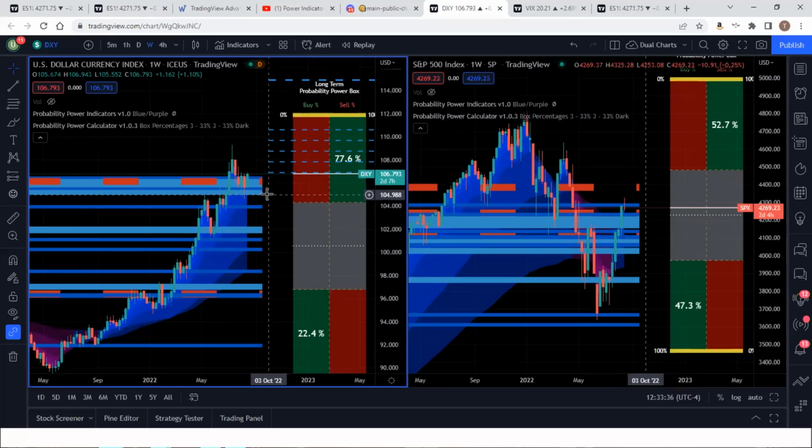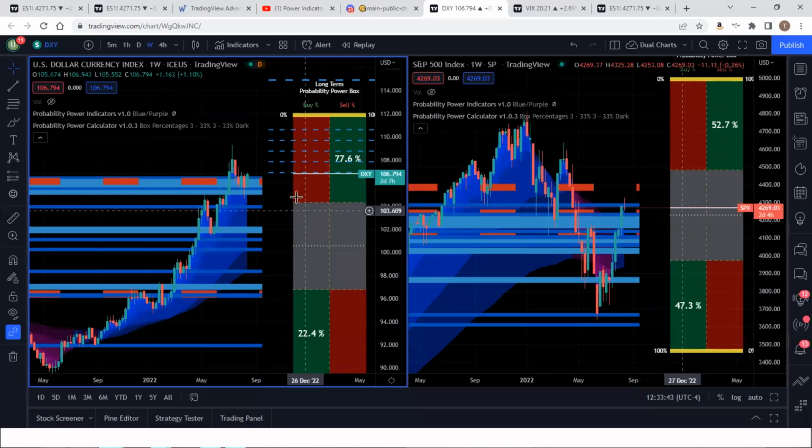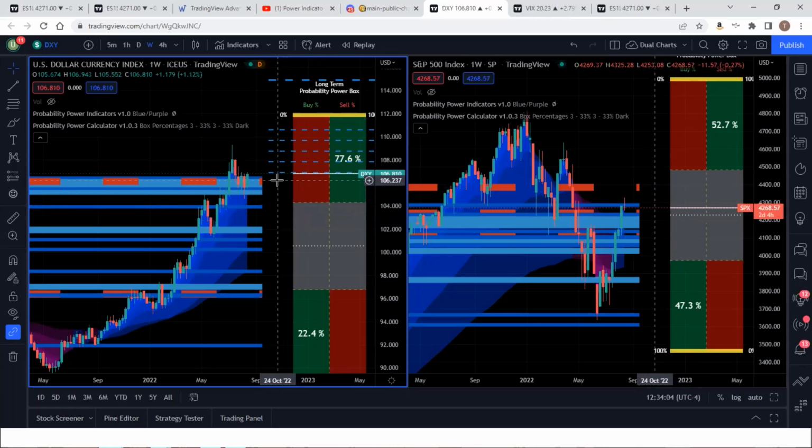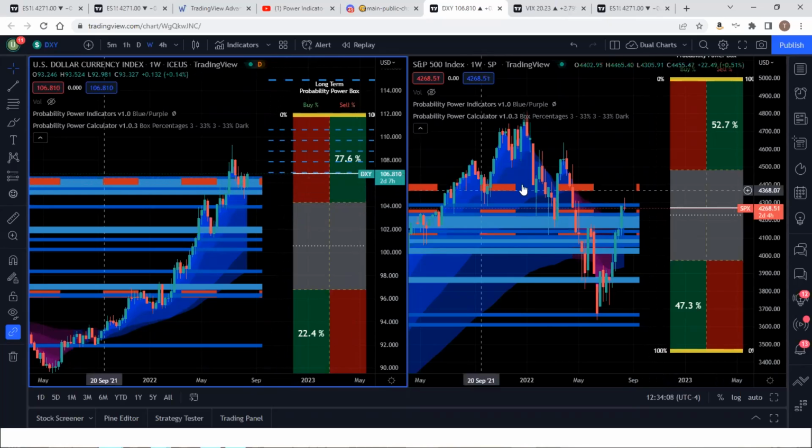So keep an eye on this 105 area on the dollar, and then we have the bottom of the long-term calculator, the red area, the top of the gray area, around 104.25, 104.50. We also have a minor support zone below that, around 104, 103.50. So watch out for those areas for a level of support on the dollar.